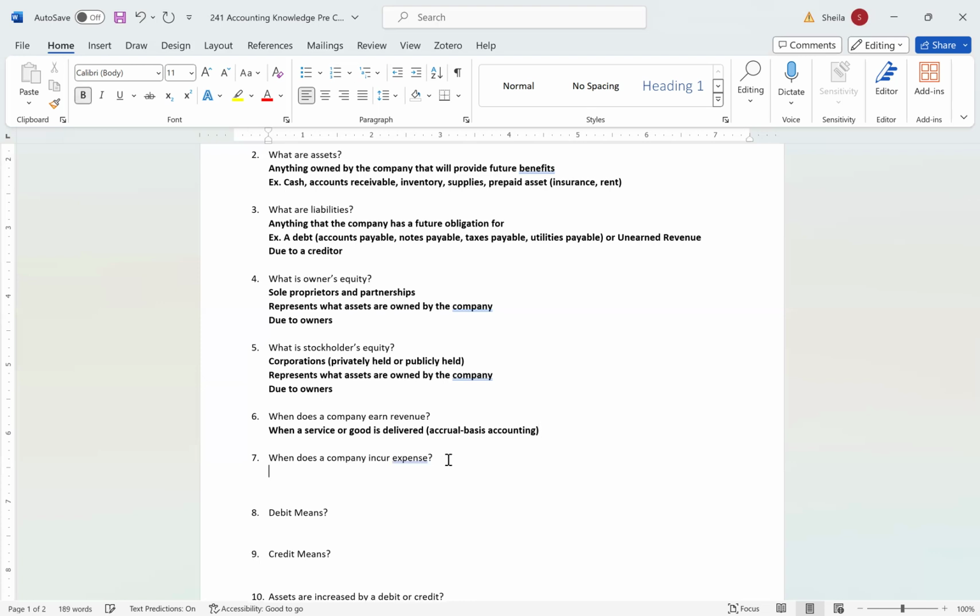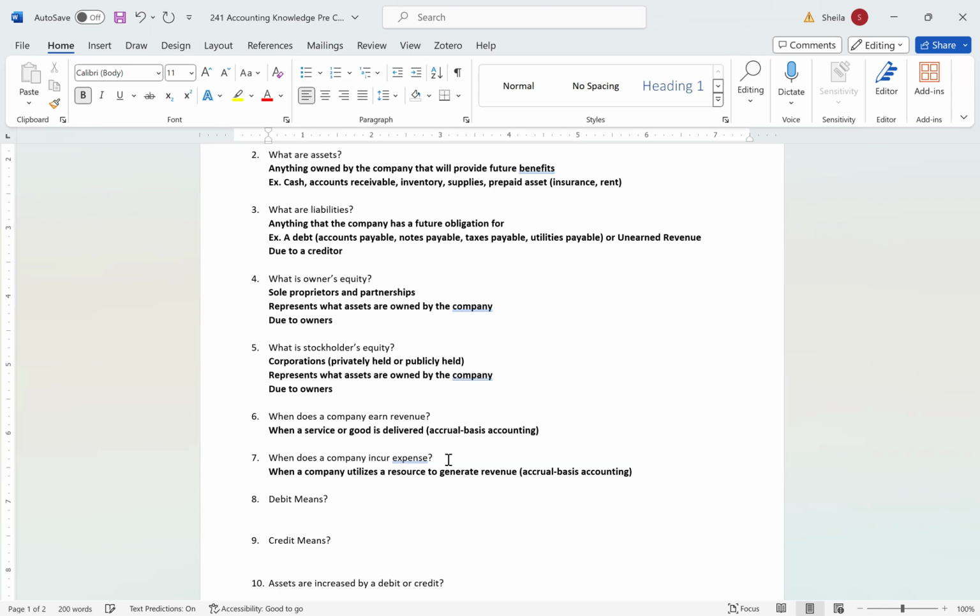Same with expense: when a company utilizes a resource to generate revenue. Again, accrual basis accounting. As soon as we utilize a resource in our business to generate revenue, that is considered an expense. We are going to get into some nuances about the differences between something that we would call an expense and something that we would actually call an asset and defer expense sometime into the future. And we'll get into that more.